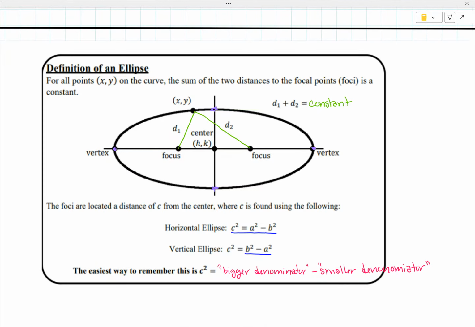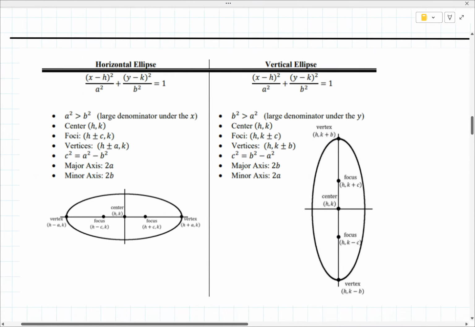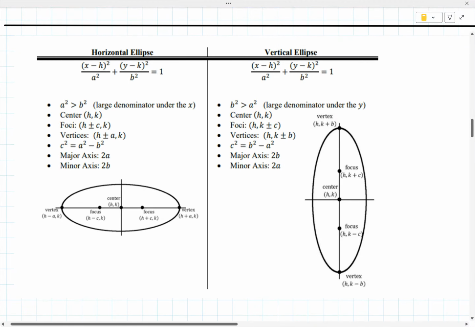On the next page here, we have a ton of information. I'm not going to talk through the whole thing, so if you need to refer back to this piece, please do. It has all of the information. So we have our horizontal and our vertical ellipse, our basic equation. Our a value is our distance from the center underneath x.